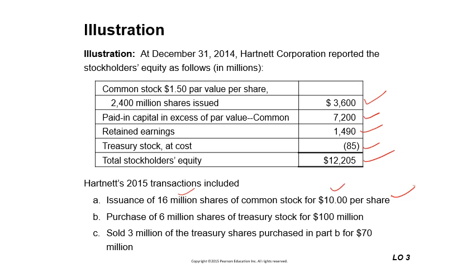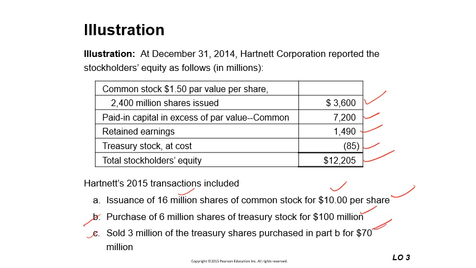They issued stock at $10 per share. Plus, they purchased 6 million shares of treasury stock for $100 million. And then number three is that they sold 3 million of the treasury stock, purchased in part B above, for $70 million. Half of the shares they sold for $70 million.